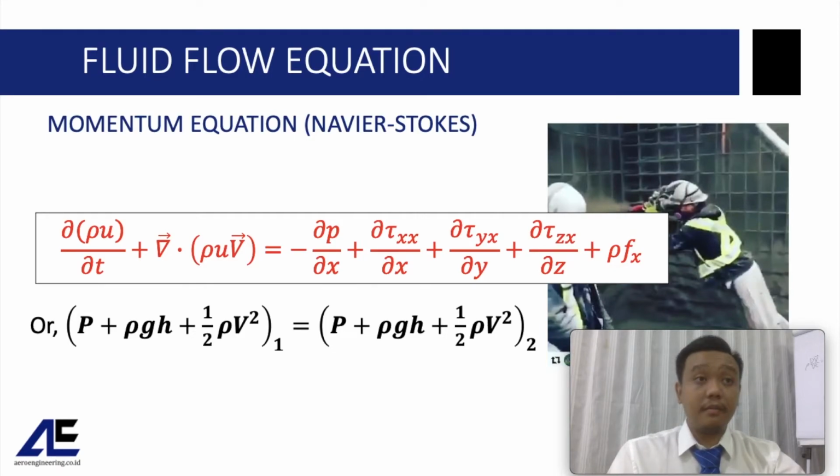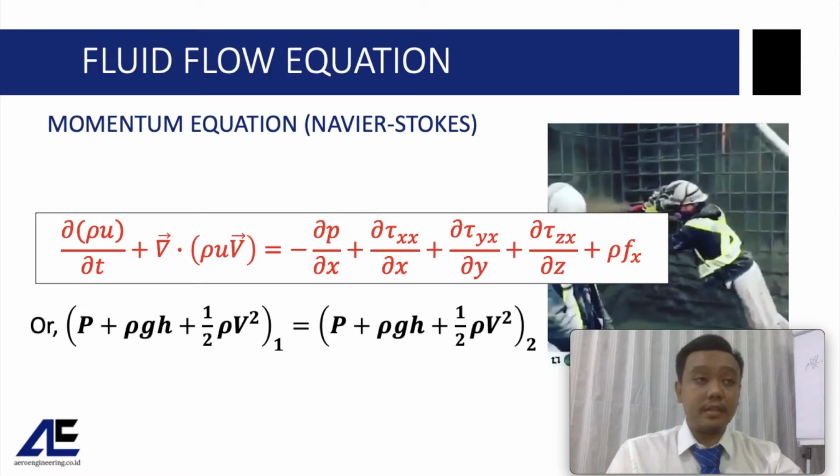This equation is basically derived from Newton's second law. Force is equal to mass times acceleration, or force is the rate of change of momentum. In fluid problems, the typical forces are pressure from the system, frictional force from viscosity, for example, or maybe gravity from its weight.